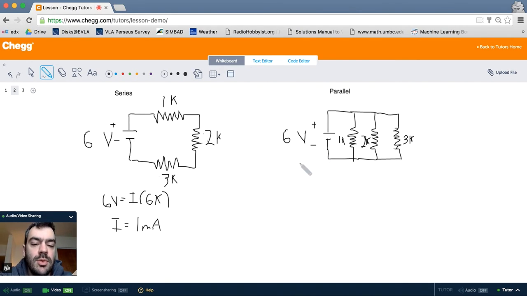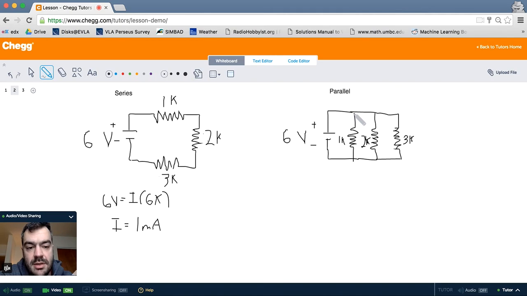I think we would agree that the circuit on the right is a parallel circuit because it looks like the ones that were called parallel in your class. If you look here at this node and here at this node, essentially across the battery, there's a potential difference of 6 volts created by the battery. The battery is supplying 6 volts of potential difference across this.